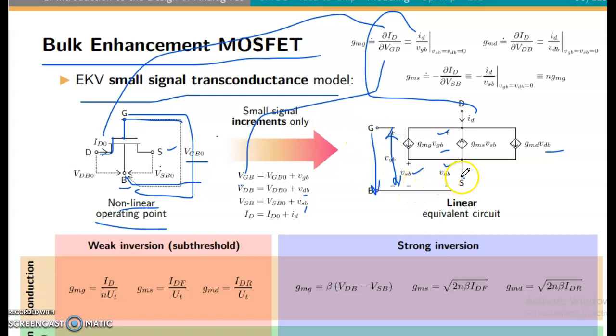VGB here, VSB in between source and base, and VDB in between drain and base.